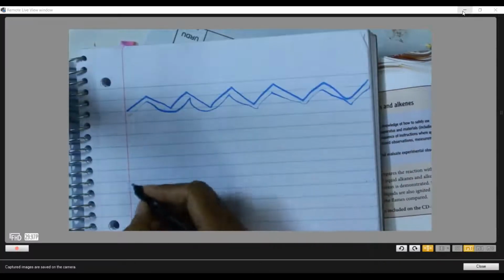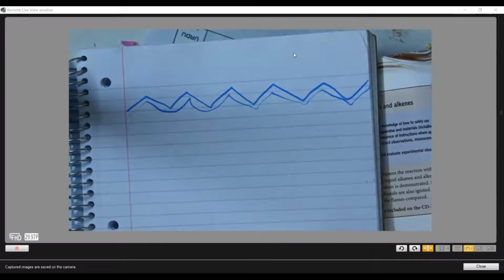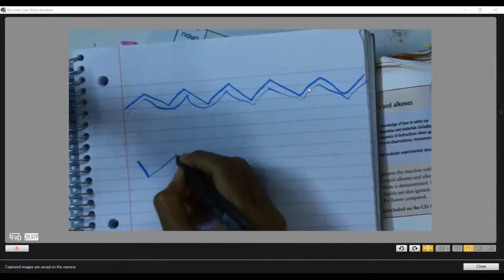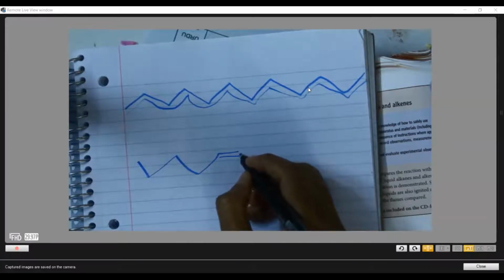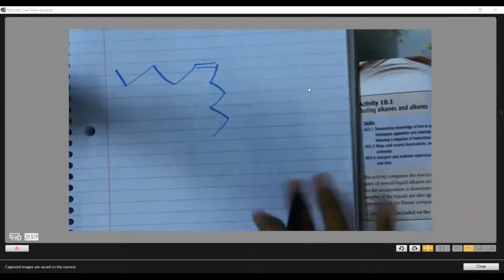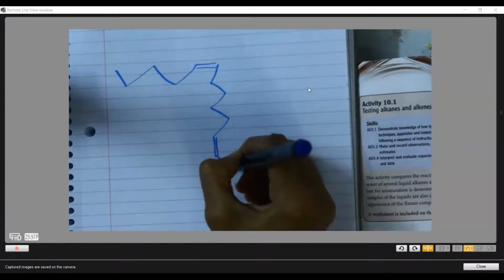But when you have a double bond in a chain, it gives it a bend. For example, you have this chain and then a double bond, and then it will take a turn. If you have another double bond here, it will again take a turn.